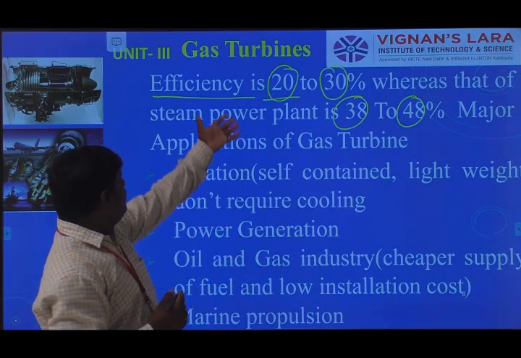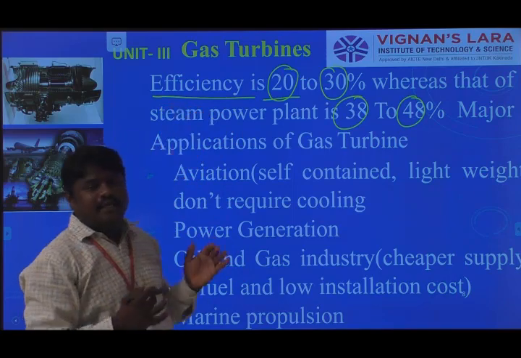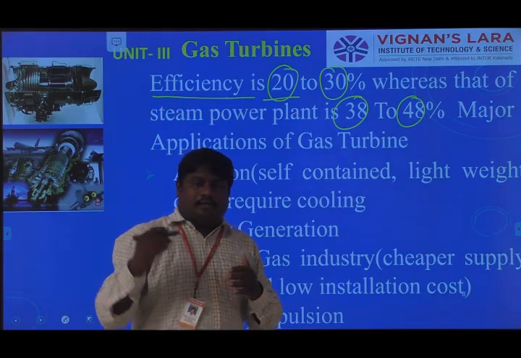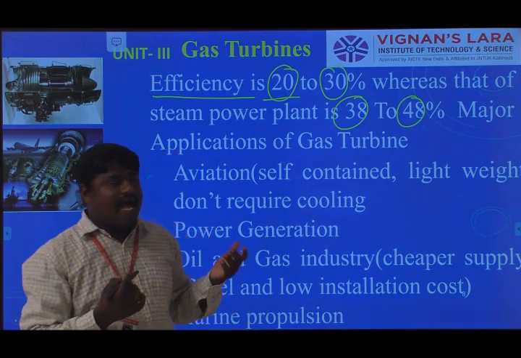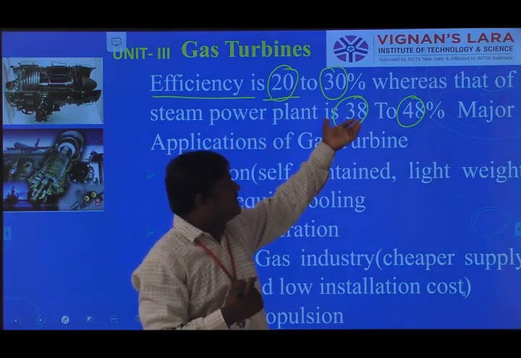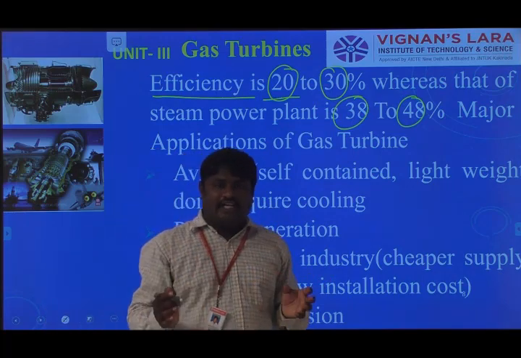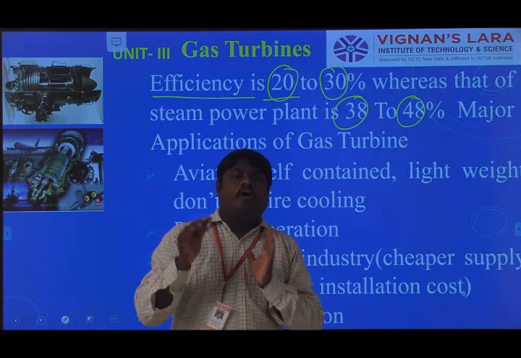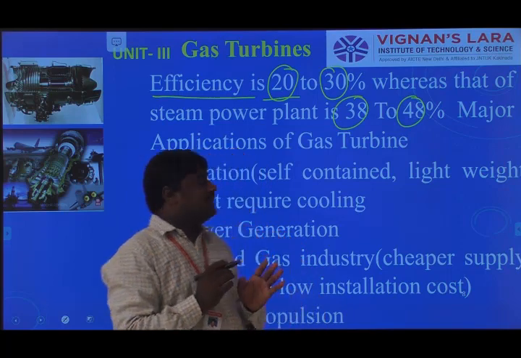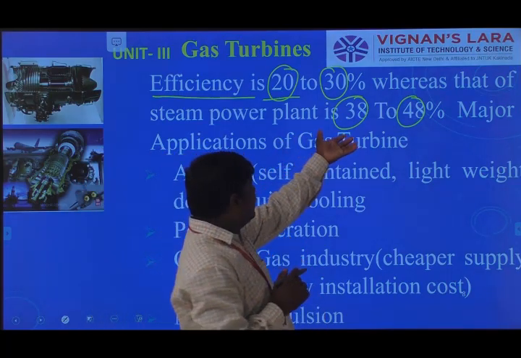First I will talk about the efficiency compared to steam power plants. The gas turbine has 20 to 30%, whereas the steam power plant has 38 to 48%.